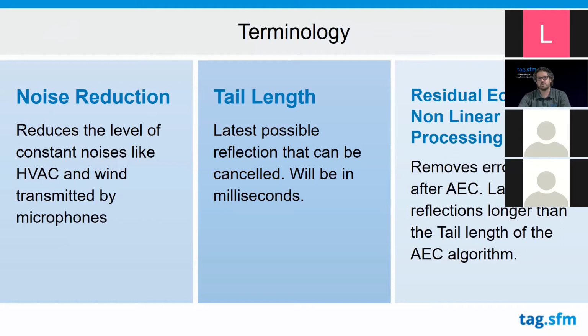It comes out of that speaker, bounces off the wall and goes back into the mic, but it doesn't always bounce off the wall in a direct line. It bounces off the wall in multiple different directions. And some of that audio comes back into the microphone at a much later time than 200 milliseconds. So that's where we start adjusting that NLP, or residual echo. We increase that to get rid of those late reflections.